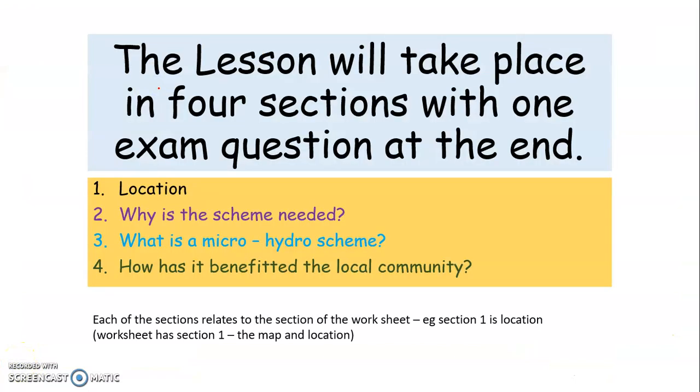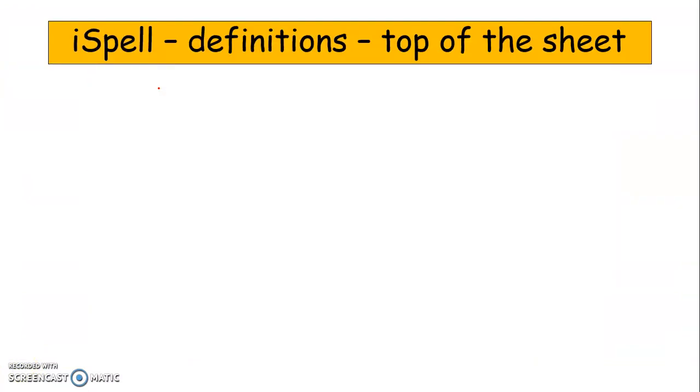Right, so at the top of your sheet there is a section of key spell words, and the first one that I'm going to be interested in here is this word, microhydro power. Okay, so basically a microhydro scheme, microhydro power. Now if you look at the root of these words, this basically means small.